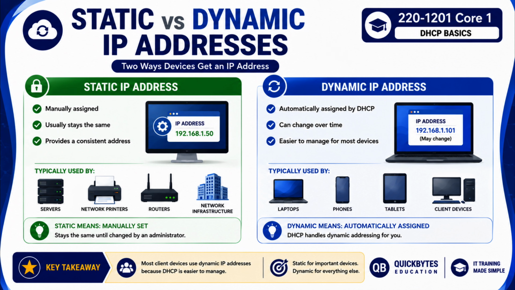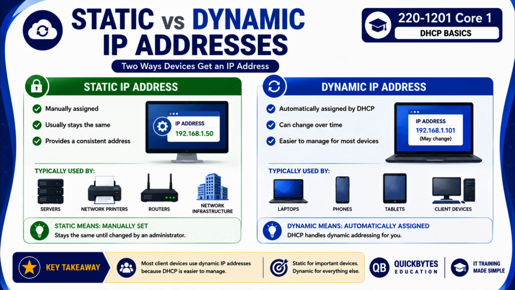A dynamic IP address is assigned automatically by DHCP and can change over time. Most client devices use dynamic IP addresses because DHCP is easier to manage, but some devices may use static IP addresses. For example, servers, network printers, routers, and important infrastructure devices may need consistent addresses.